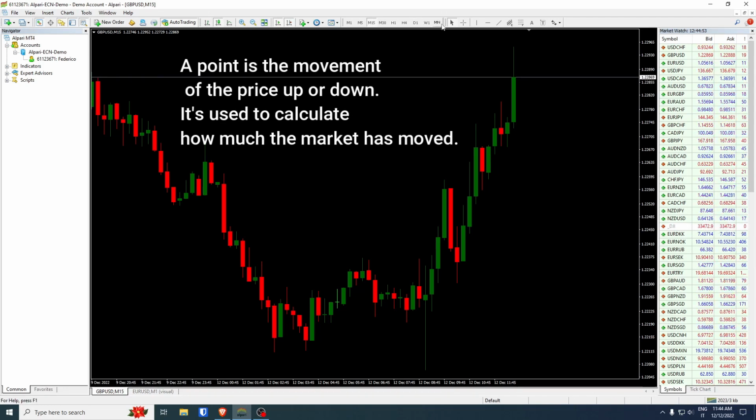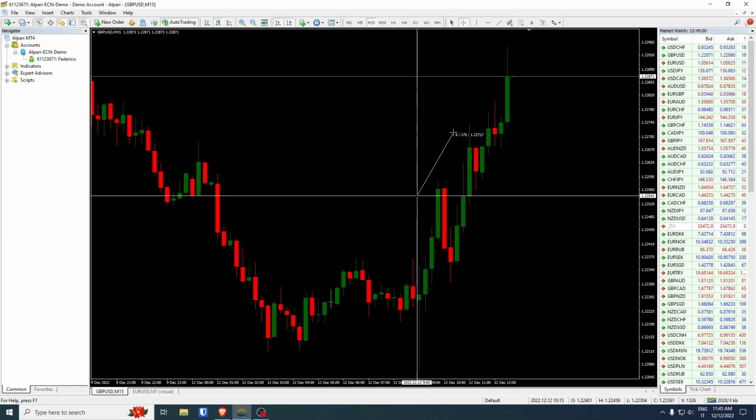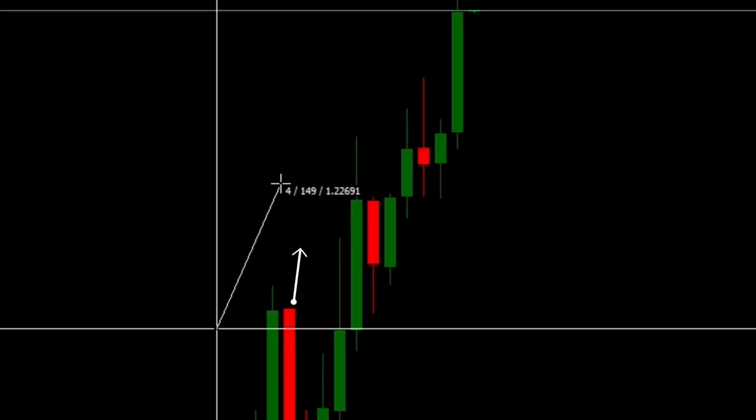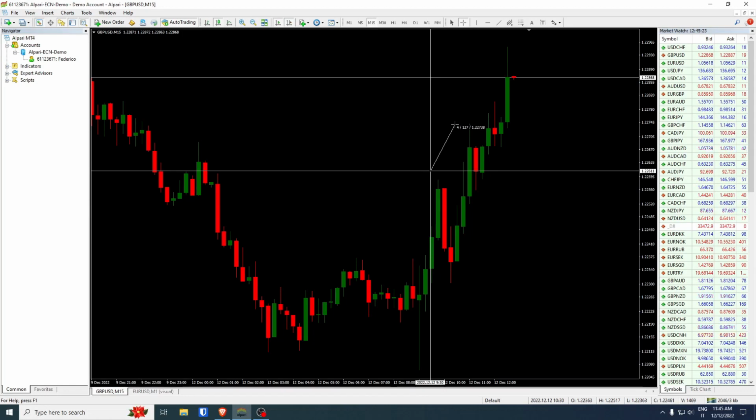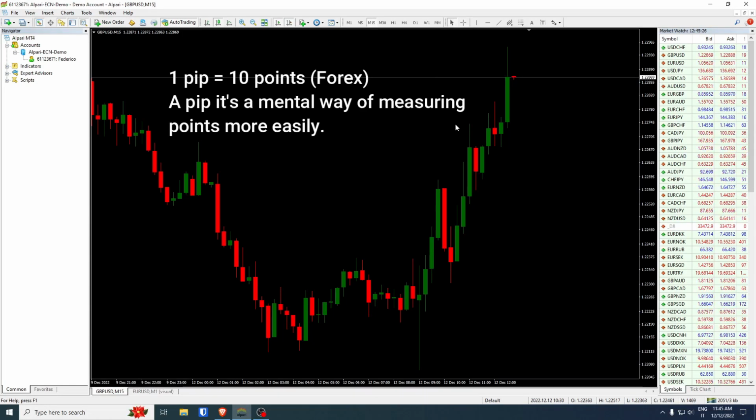And how you can measure the points for a market: click right here and you can drag up or down, and the number you see divided by 10 will give you the pips number. A pip is just a measurement for us. I mean, it's just for making things easier in manual trading.